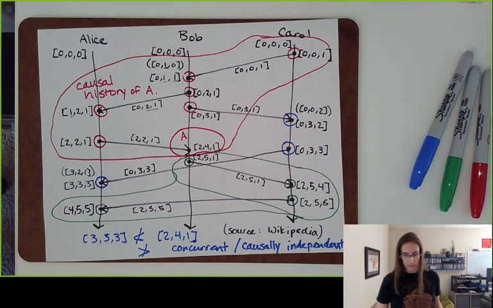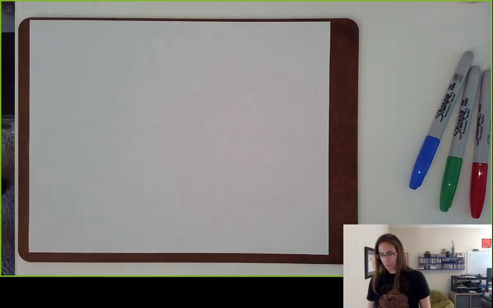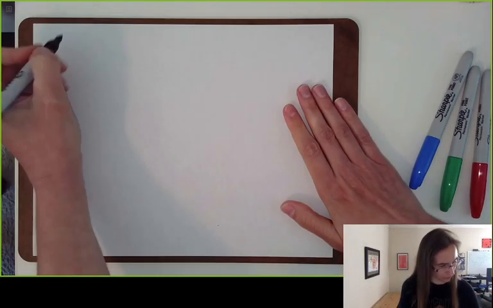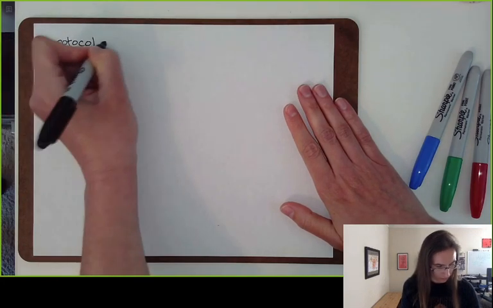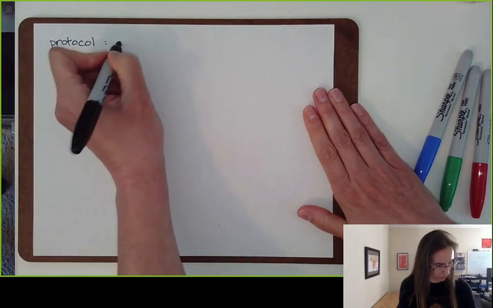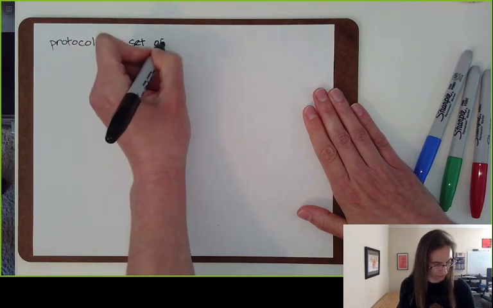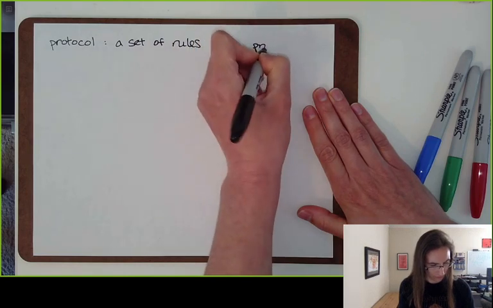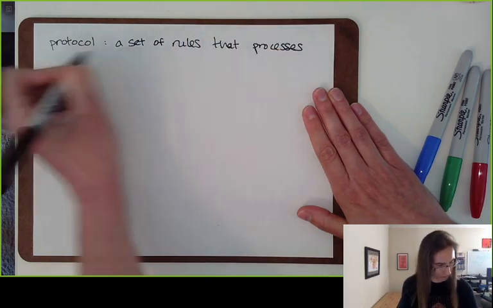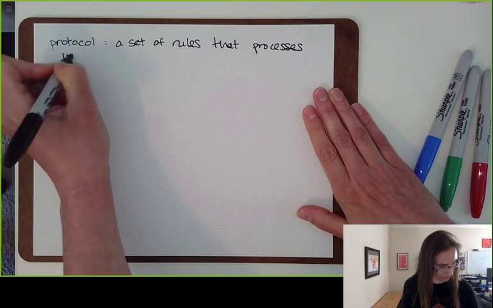So way back at some point yesterday, I briefly mentioned the word protocol. What did we say a protocol is? So I defined it as a set of rules that processes use to communicate with each other.